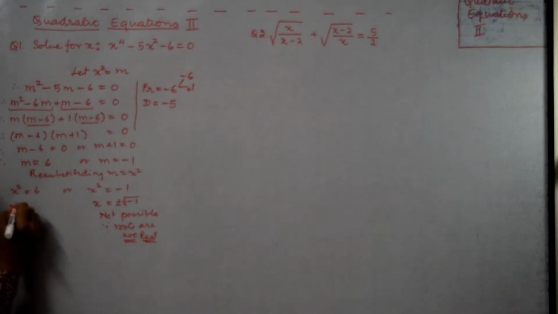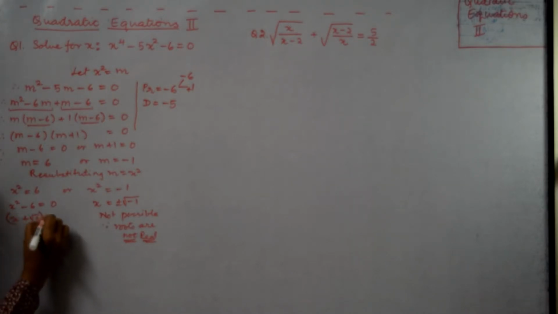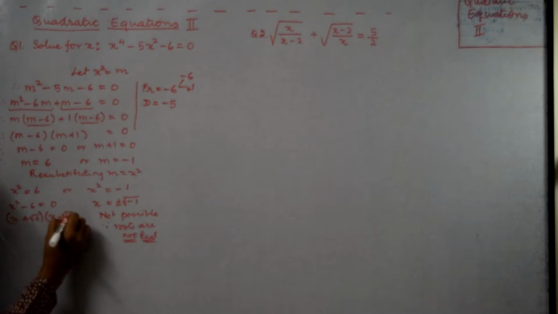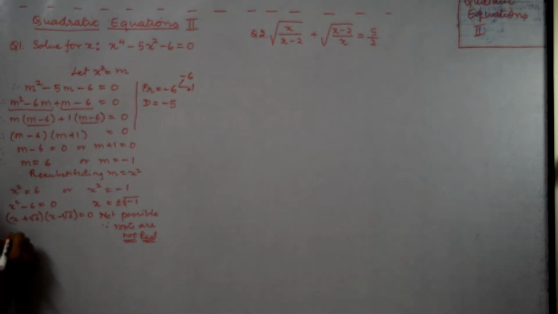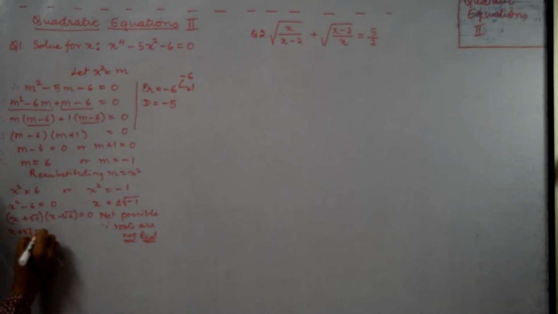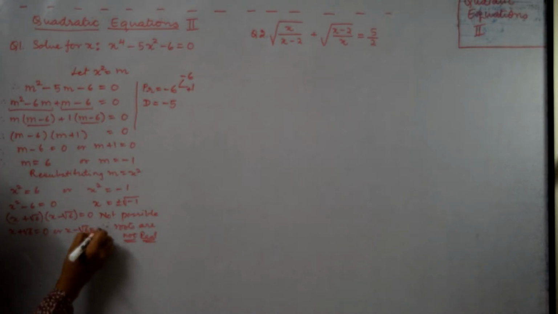Now here you will say x squared minus 6 equal to 0. So you will have x plus root 6 or x minus root 6, and that product will be equal to 0, and that will give us x plus root 6 equal to 0 or x minus root 6 equal to 0.